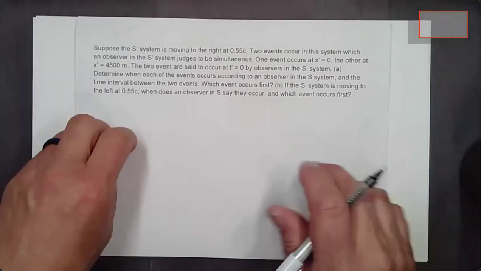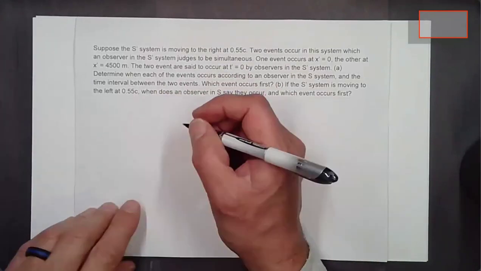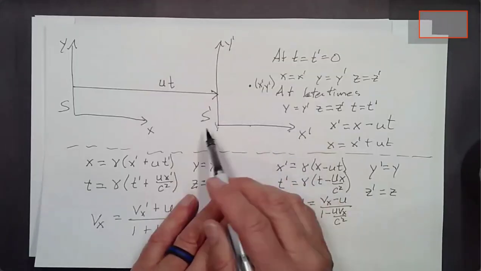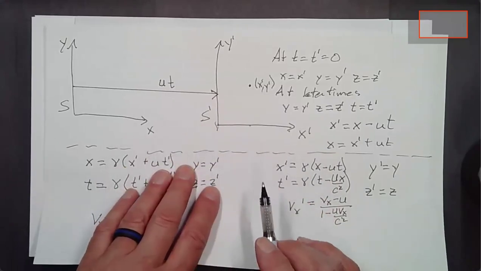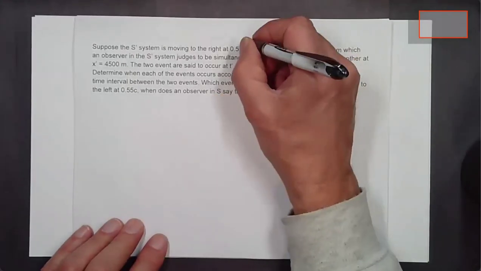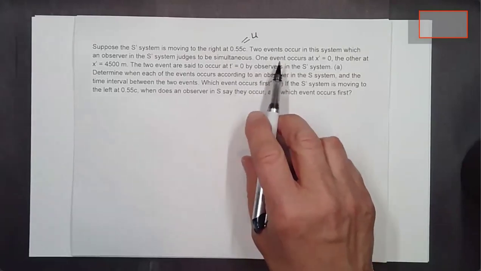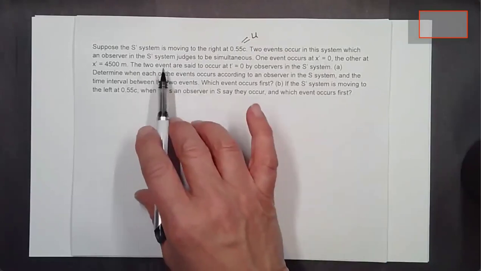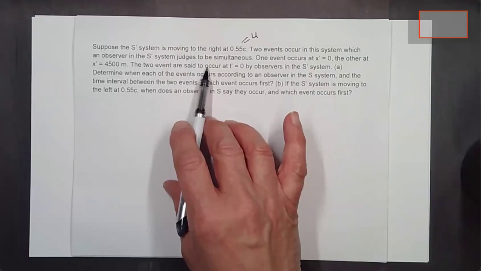Okay, suppose the S prime system is moving to the right at 0.55 c. Well, that sounds an awful lot like the situation that we have here. In this case, u is going to equal 0.55 c. So that's what we've been calling that. Two events occur in this system, that's the primed system, which an observer in the S prime system judges to be simultaneous.